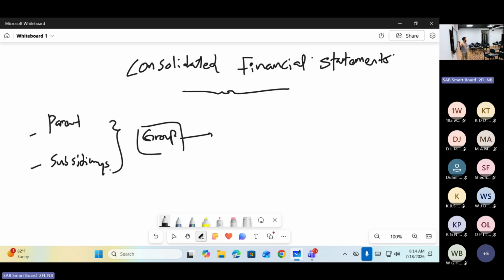Preparing financial statements for the group means consolidated financial statements. That's what we are going to do.